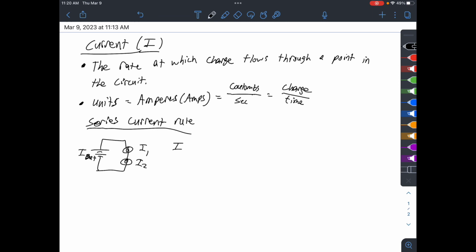And for series, the current across the battery, you would have found this in the 04 lab as well, is equal to the currents across each of the bulbs, and everything is equal here. So it's kind of the opposite. For voltage in series, all the voltage is added up to be the voltage across the battery. In current, or for current in series, everything is equal.